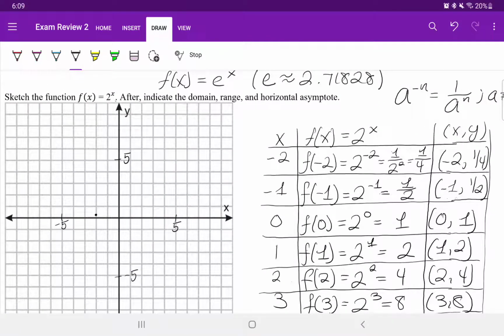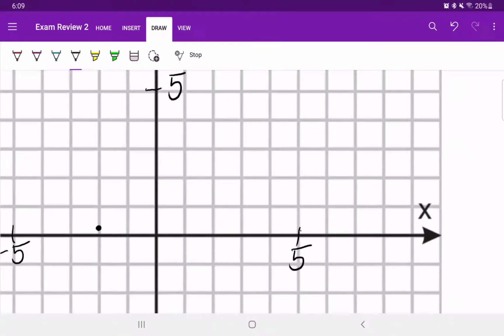Then we have -1 and 1/2. We'll put that right here. The next point is 0, 1, and that's going to go right there.